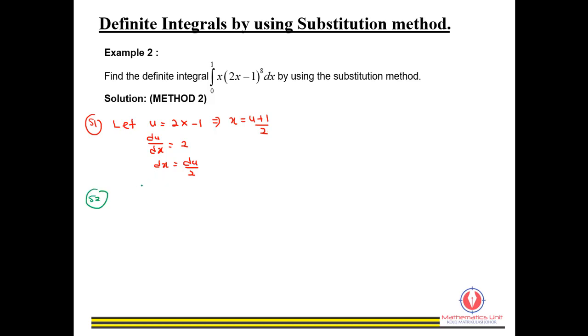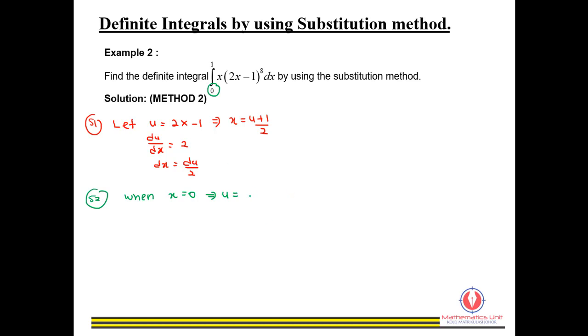Second step, we're going to substitute the limit. So the first one, when the limit is equal to 0, means that when x is equal to 0, we're going to change it into u.